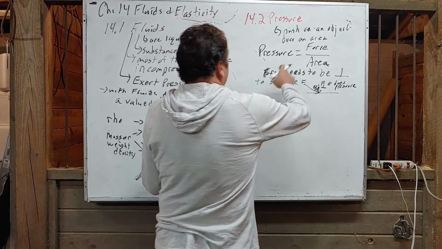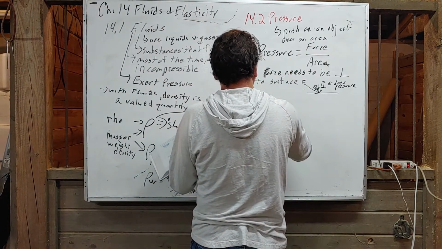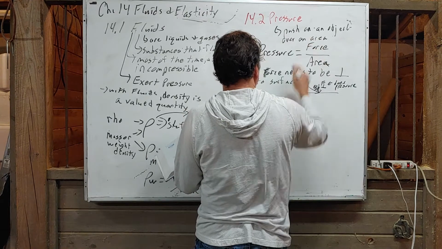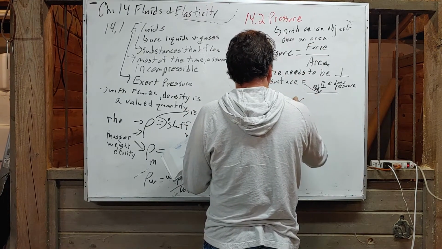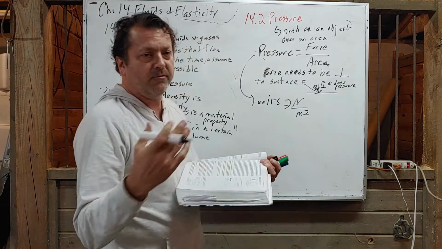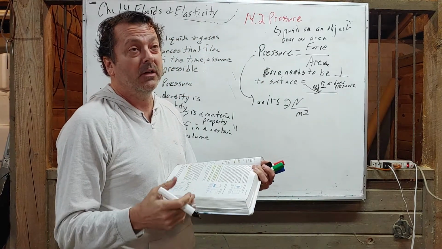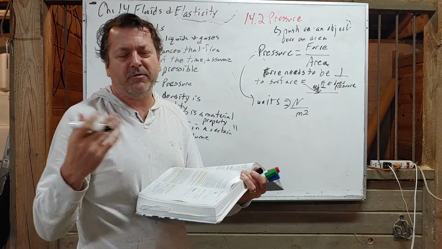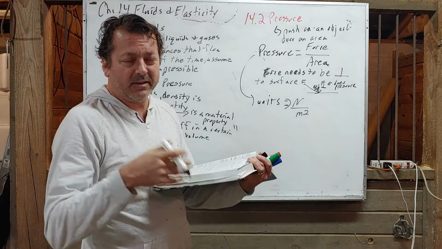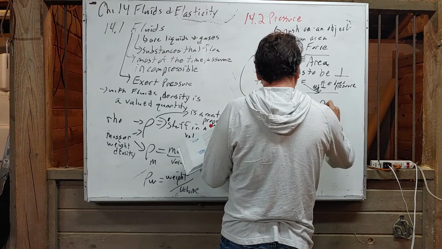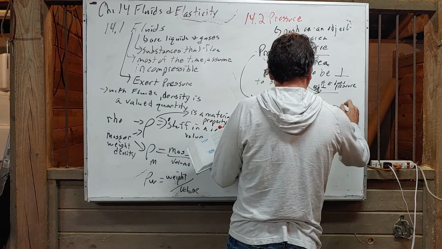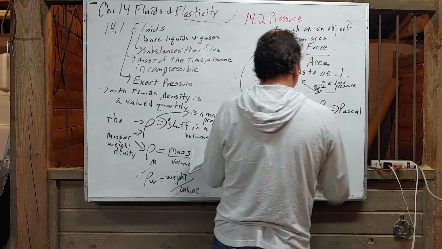Now, pressure units. Here it's going to be newtons per square meter, because force is in newtons, and area would be in square meters or square feet or something like that. In SI units, we use square meters. And we basically call this a Pa, which is a Pascal.